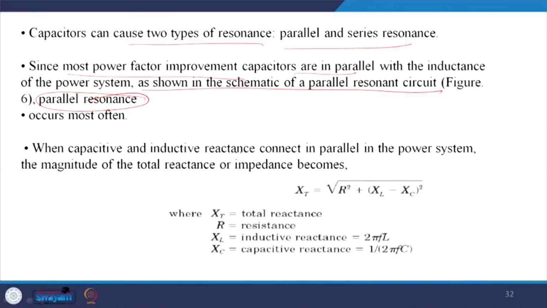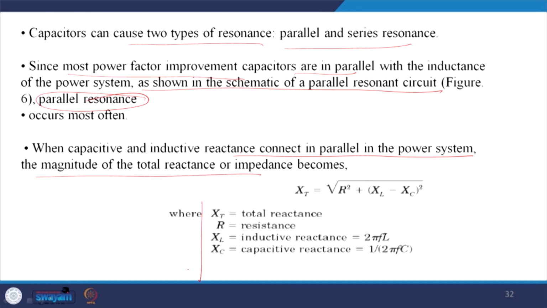Since it offers a very high impedance, the current takes a different path to flow. When the capacitive and the inductive reactance are connected in parallel in the power system, the magnitude of the total impedance can be calculated. These are the calculations.